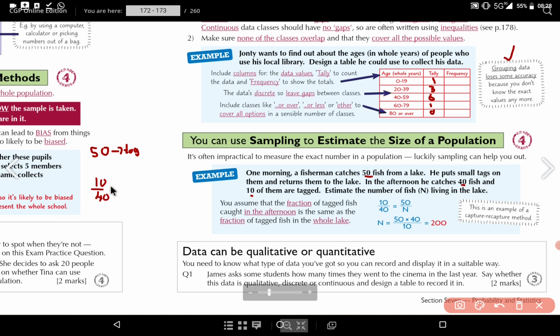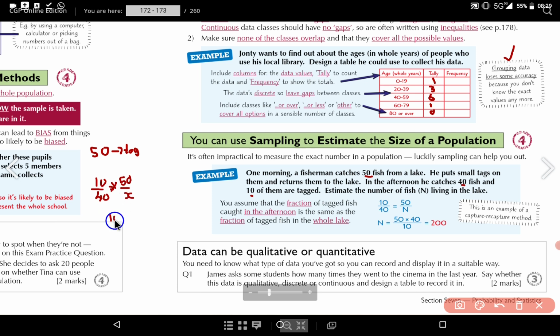Okay, so now you remember that all of the 50 were tagged. So now the total amount of fish, we say we don't know. So 50 out of the total that were tagged, so we cross multiply 10 by x.